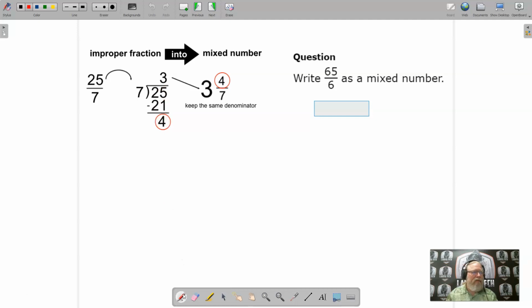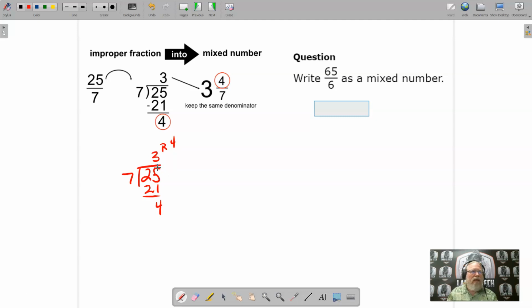Now you might remember from grade school where they would have you do something like this. If it's, say, 25 divided by 7, 7 goes in 3 times. 3 times 7 is 21. 5 minus 1 is 4, and your teacher would say to take the remainder, write a little r, and go remainder of 4.